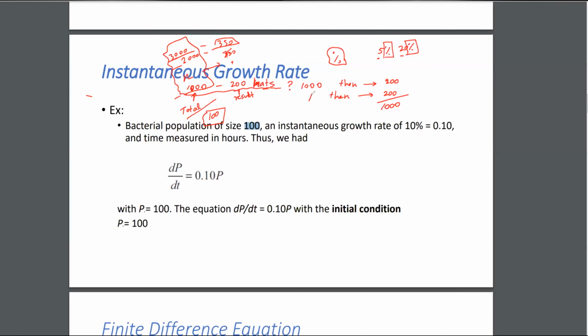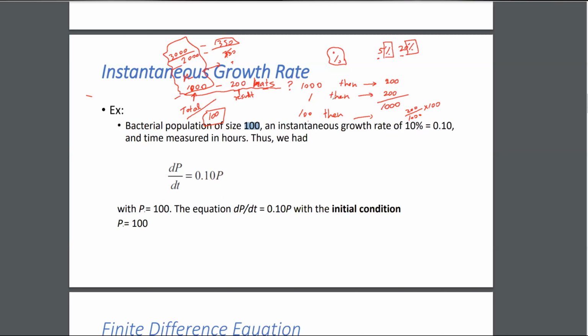So how do I convert 1 to 100? How do I change this 1 to 100? Multiply by 100. If you multiply this side by 100, you have to multiply the other side by 100 too. So that's how you get the percentage.